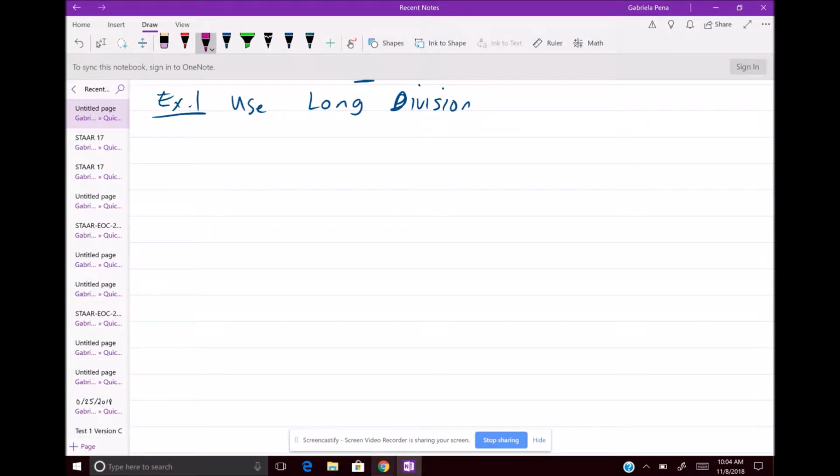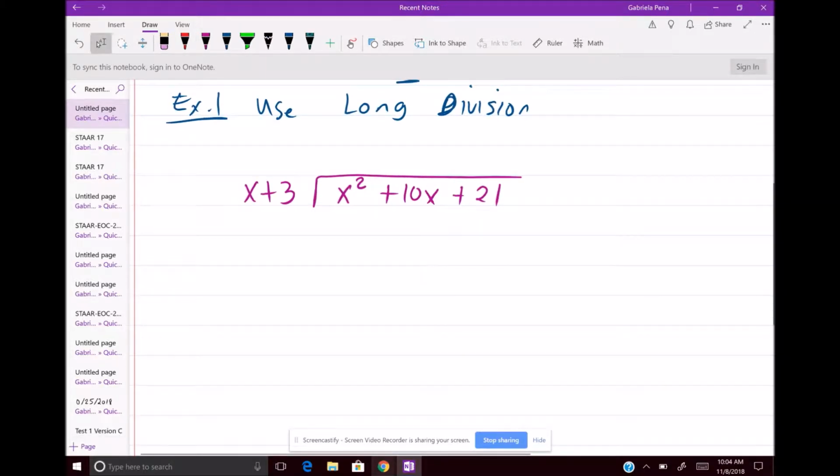My problem is x squared plus 10x plus 21. All this is divided by x plus 3. And this is the first problem we're doing from this section.